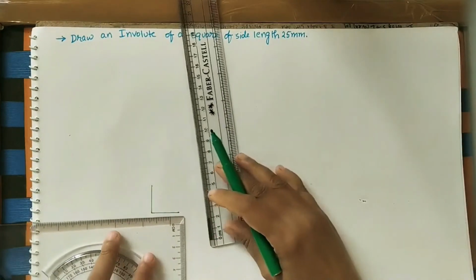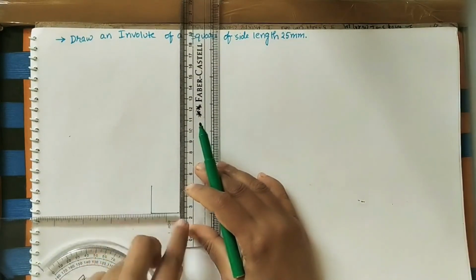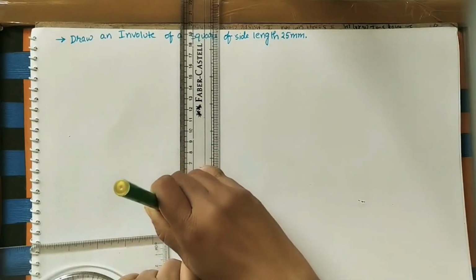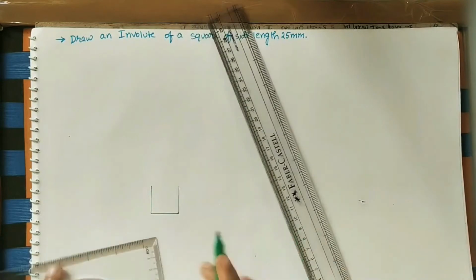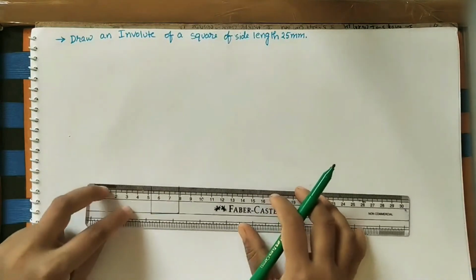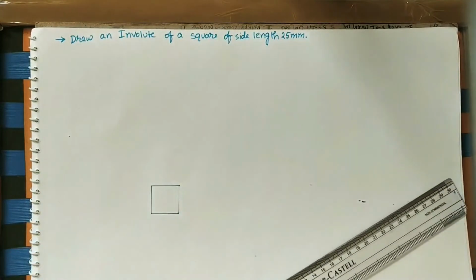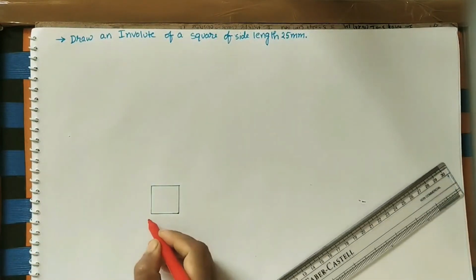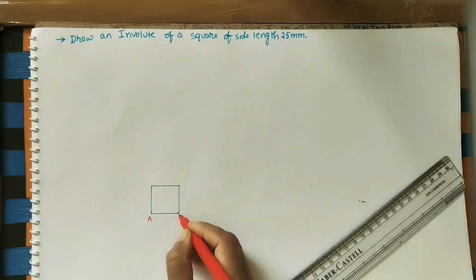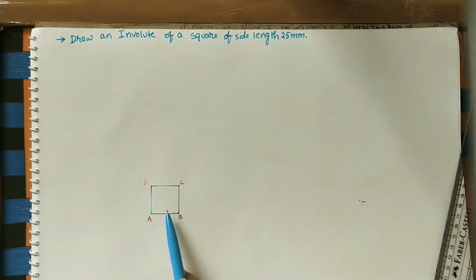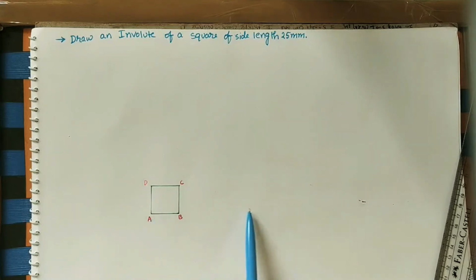Horizontal line first, A to B, and then a vertical line. The 2 lines are exactly 90 degrees perpendicular, and we join the 4th side. Now you observe the square ABCD. Now we need to draw the circumference distance, meaning 25 into 4.